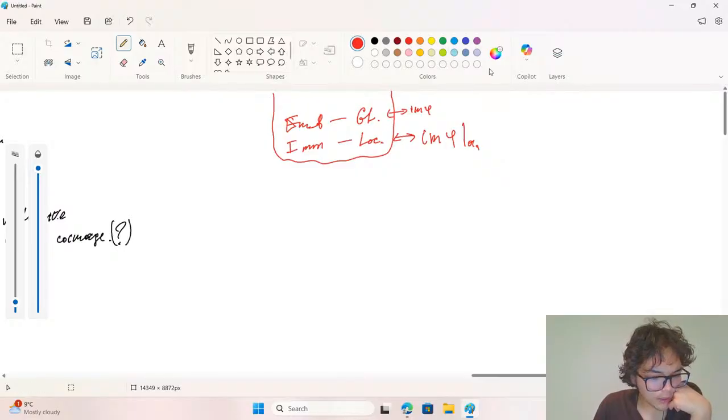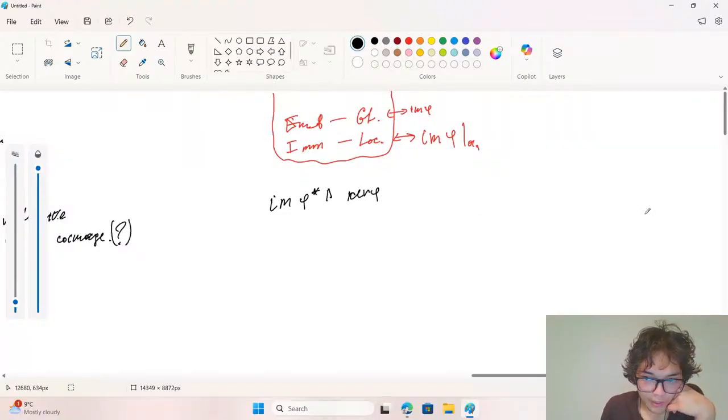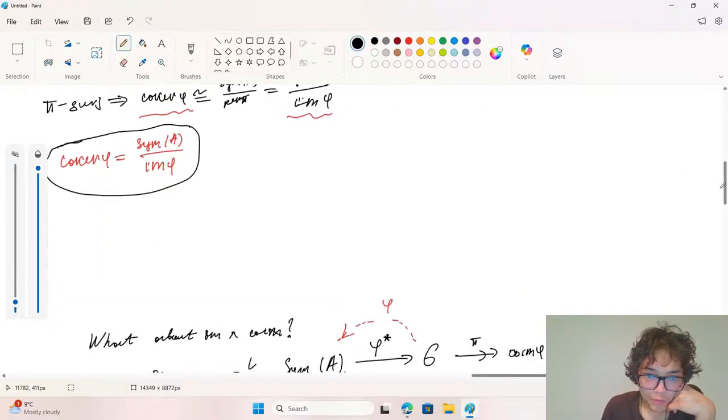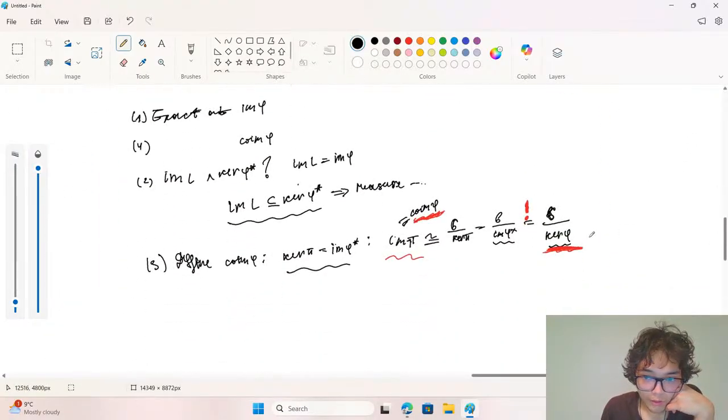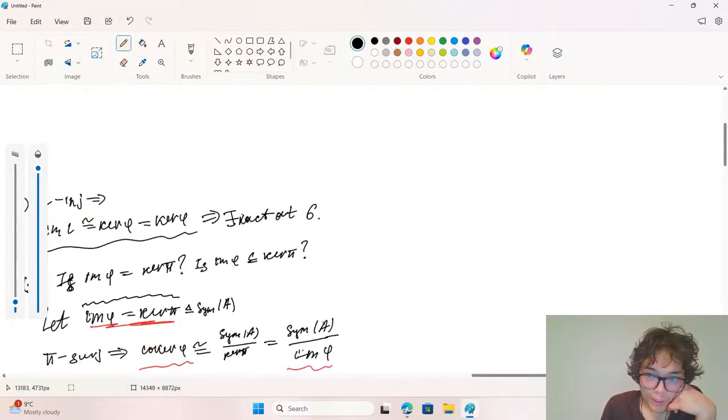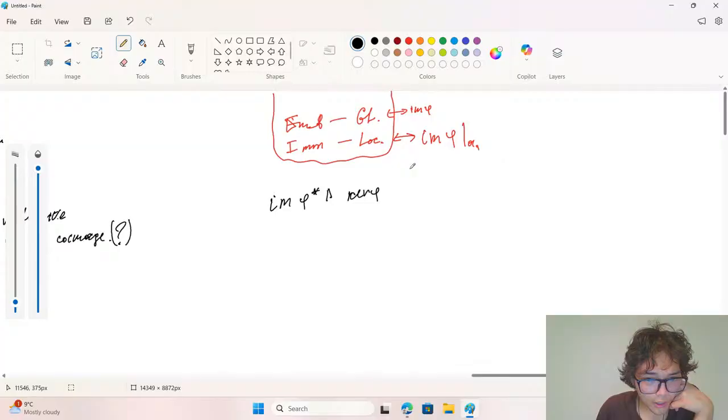Here I consider the image of phi prime, phi star, and the kernel of phi. Here I assume that they are equal, but what if they are not?